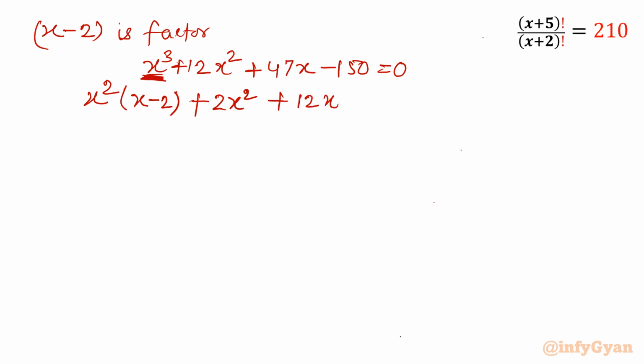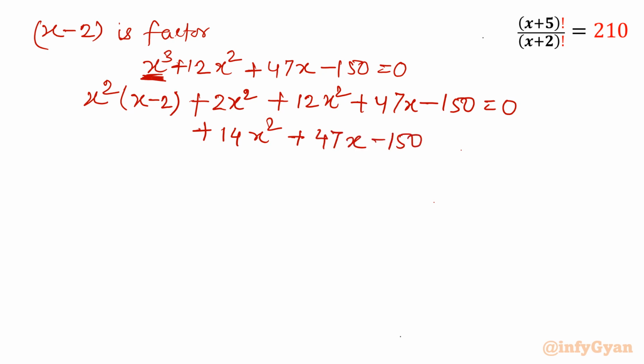12x square plus 47x minus 150 equal to 0. It will be as it is, plus 14x square plus 47x minus 150 equal to 0.